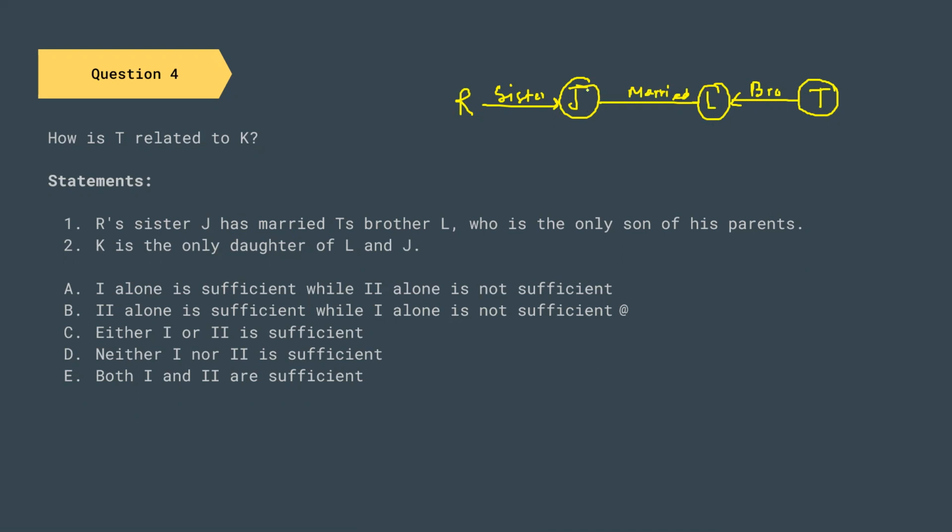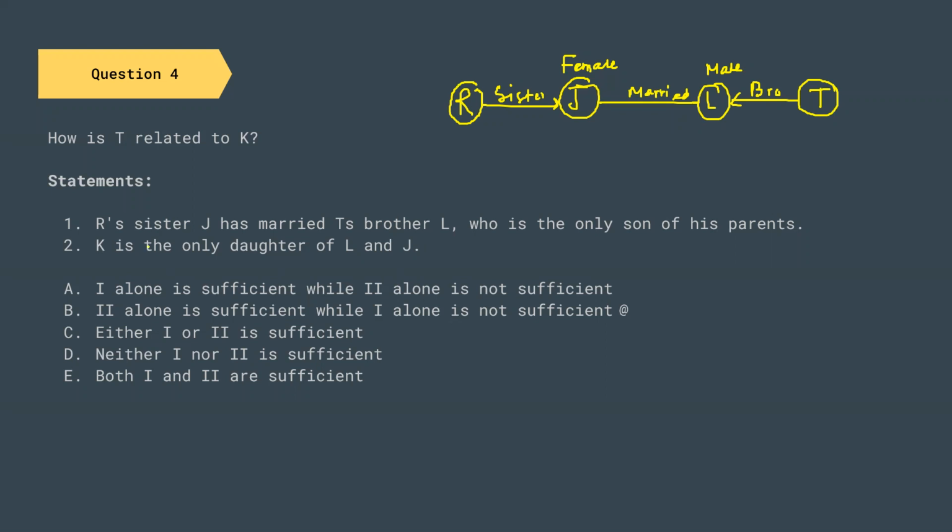Now, because J is a sister, the gender of J is female and the gender of L is male. Who is the only son of his parents? Our sister J is married to T's brother L, who is the only son of his parents.